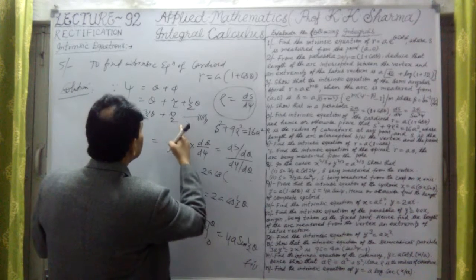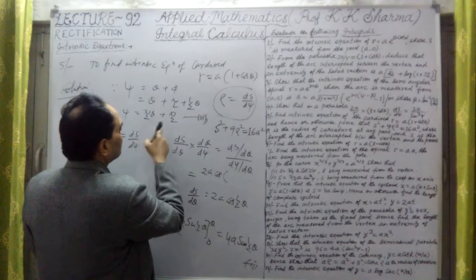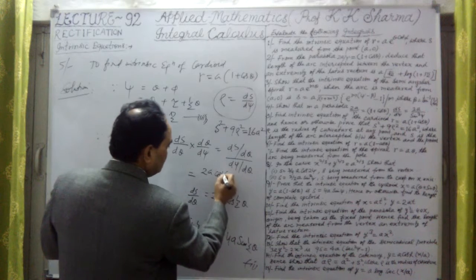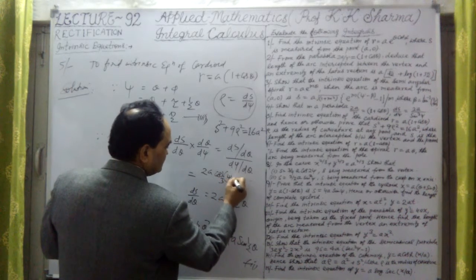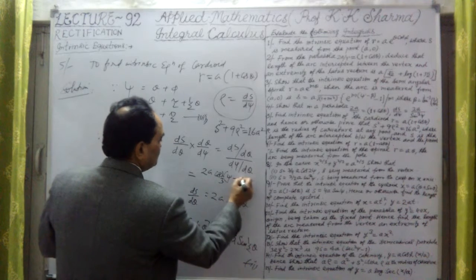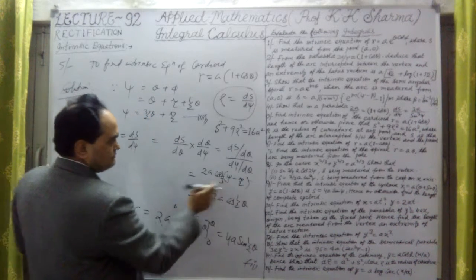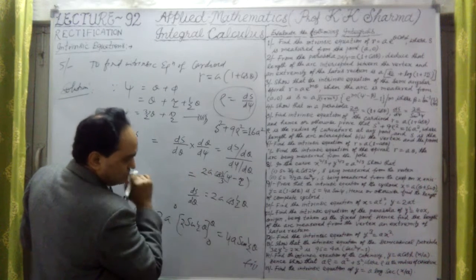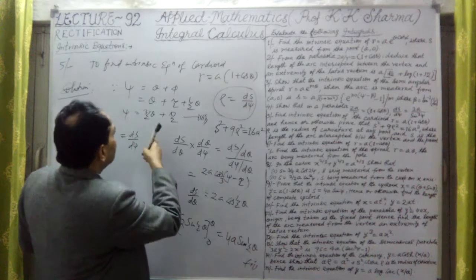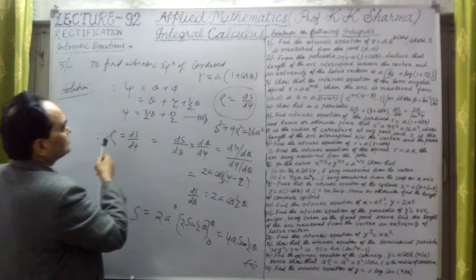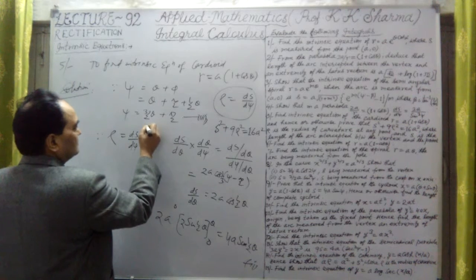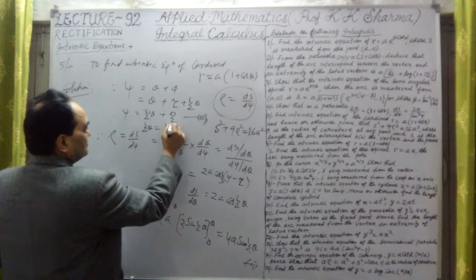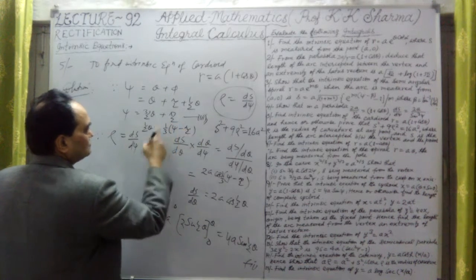Half theta was one third into (psi minus pi by 2), simple.